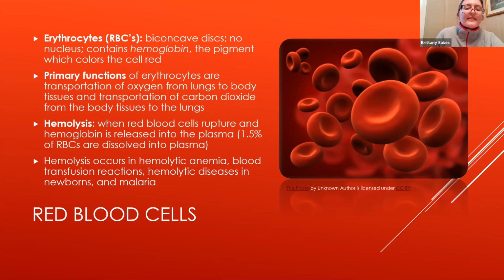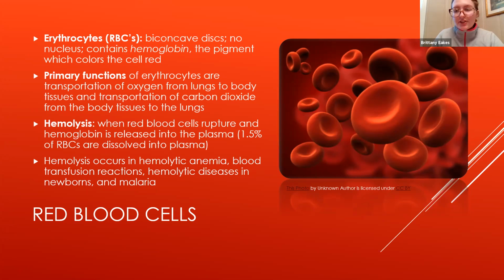There is a process called hemolysis. Anytime you see lysis, that means breakdown. Hemolysis is when red blood cells rupture and hemoglobin is released into the plasma. About 1.5% of red blood cells are just dissolved into the plasma. Hemolysis occurs in hemolytic anemia.